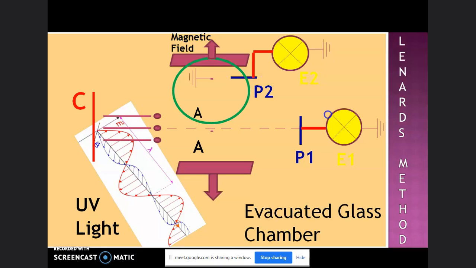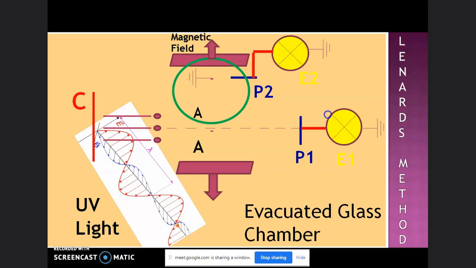That ejected electron is directly incident on plate P1, and the number of electrons is counted by electrometer E1. Whatever electrons are incident on plate P1 are directly counted by electrometer E1.